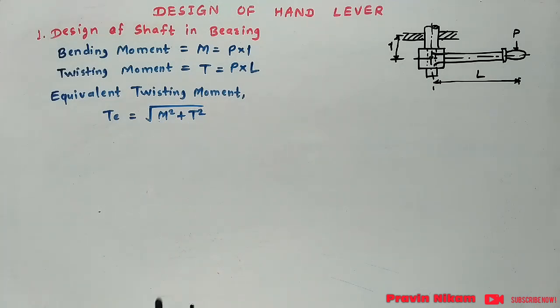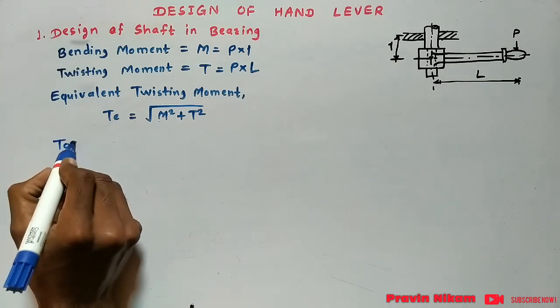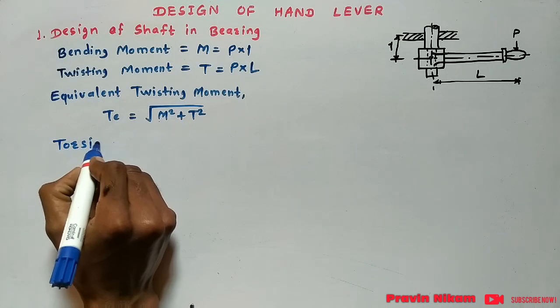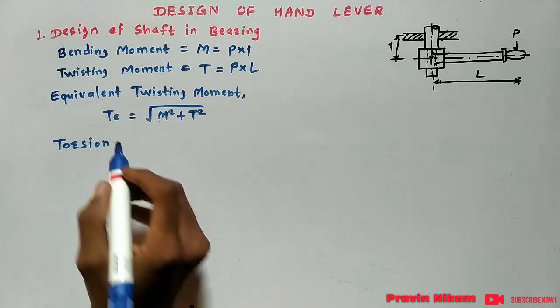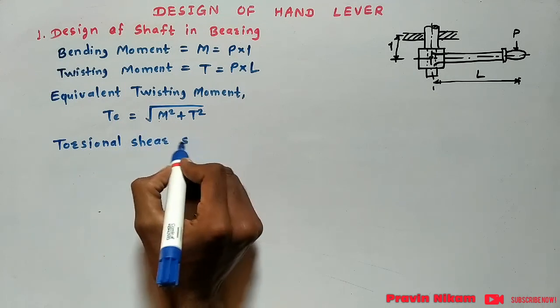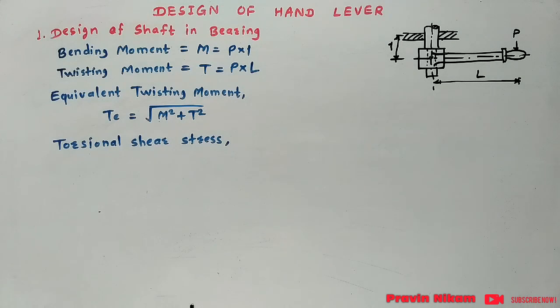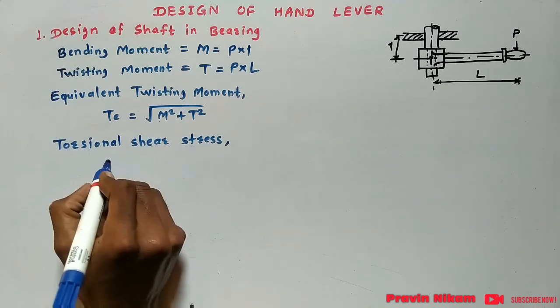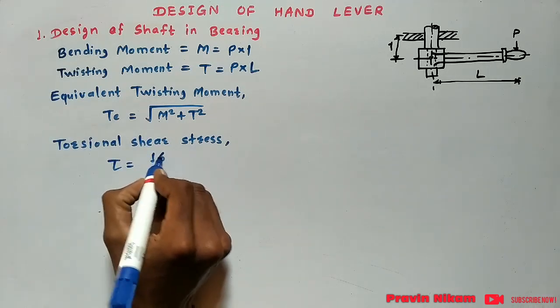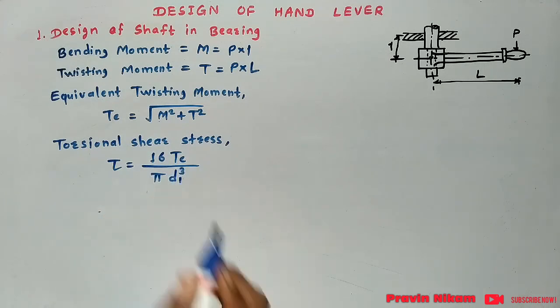Now we know the torsional shear stress tau is equal to 16 TE divided by pi d1 cube.